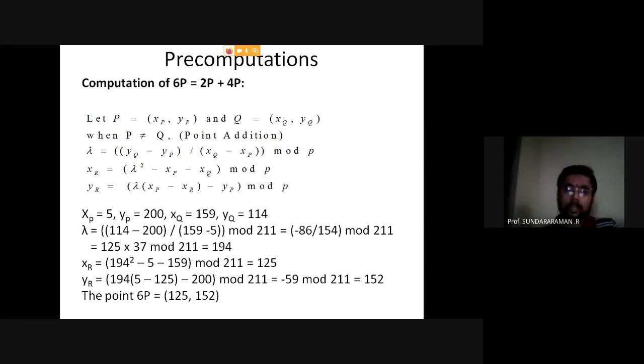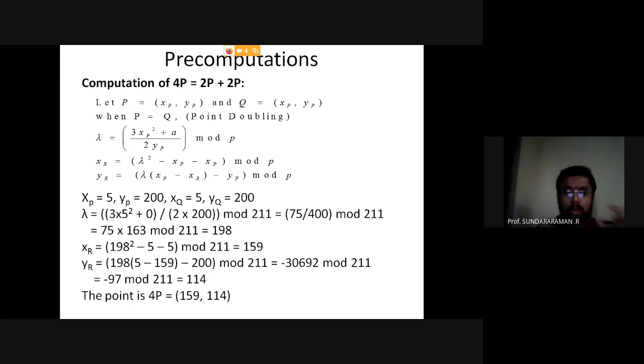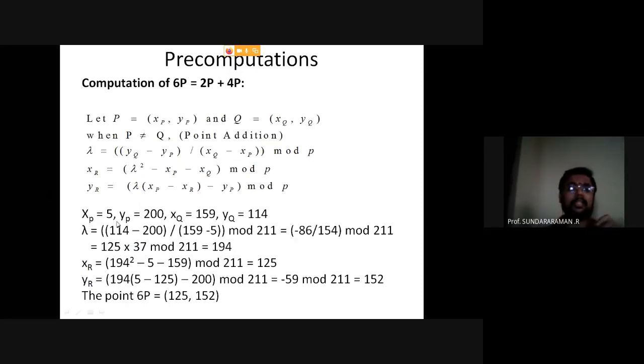Next is 6P. So 6P is again point addition, because it is 2P plus 4P. So now I have to use both the results of 2P and 4P. 2P is 5 comma 200 and 4P is 159 comma 114. By applying the point addition operation here, we have lambda as (yq minus yp) divided by (xq minus xp) mod p.